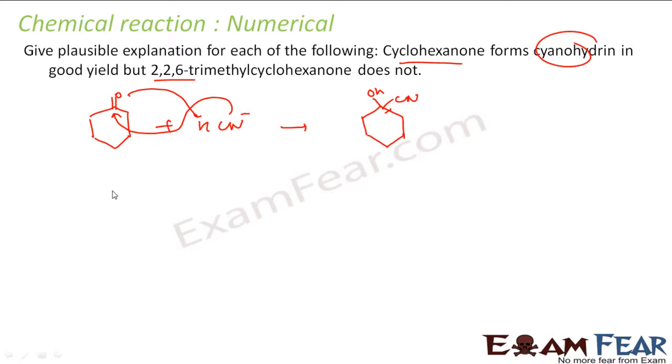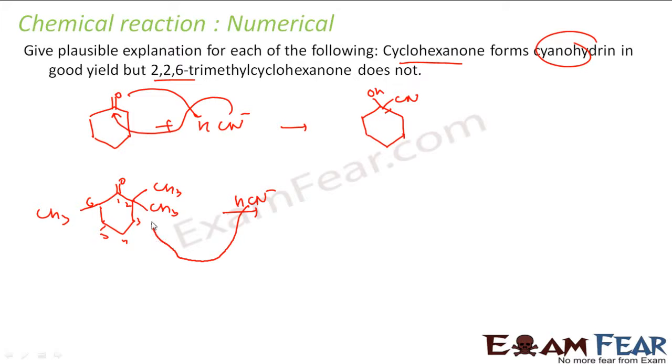But 2,2,6-trimethylcyclohexanone, let's find this first. It's my cyclohexanone, 1, 2, 3, 4, 5, 6. 2,2,6: at 2 I have 2 methyl groups and at 6 I have 1 methyl group. But this does not react with HCN. Why?